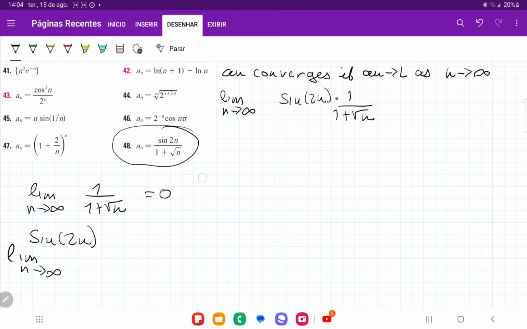Well, we're going to use something called the squeeze or the sandwich theorem.